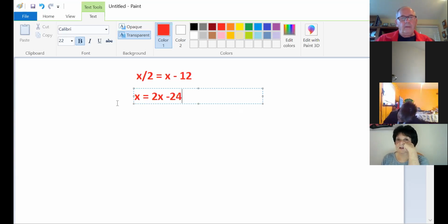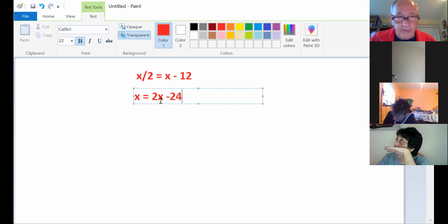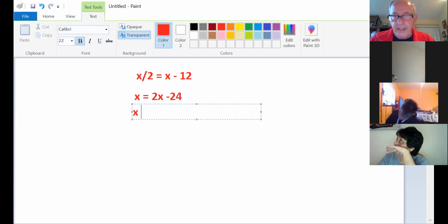Now I want to end up with the variable being positive, so I want to subtract x from both sides. So it's going to be x minus x is equal to 2x minus x minus 12.